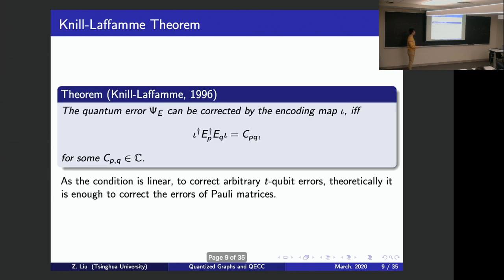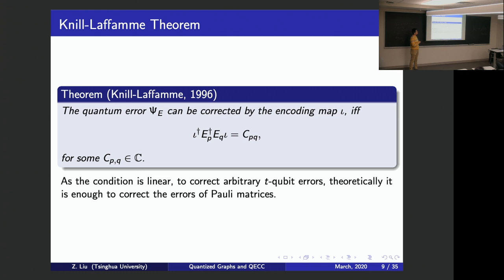And theoretically, there is a result given by Knill and Laflamme. It tells you if you have such an encoding map, how you know which errors can be corrected. They give an algebraic criterion to check that. If E is a possible error, you multiply E and E dagger, and compose that with the encoding map and its dagger.